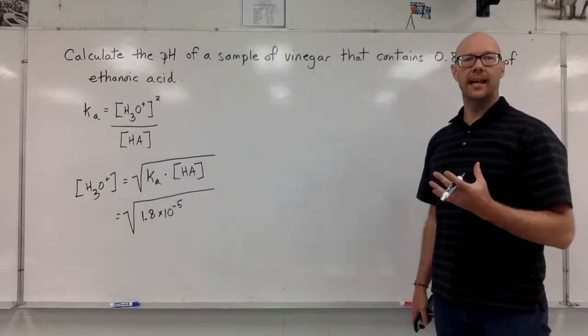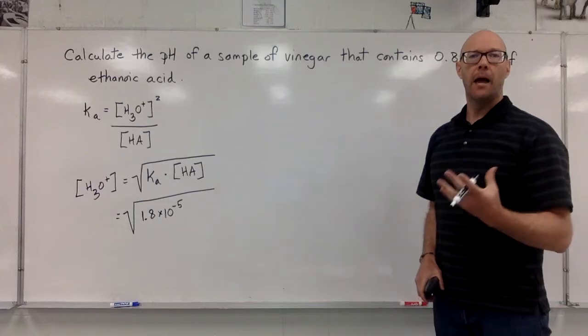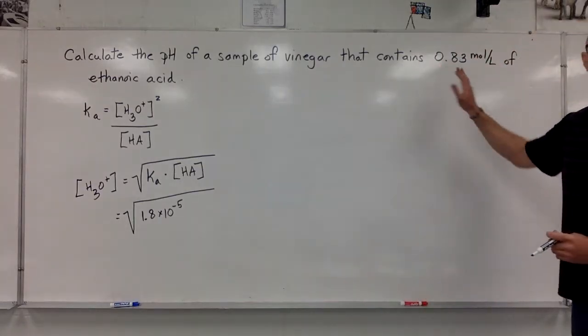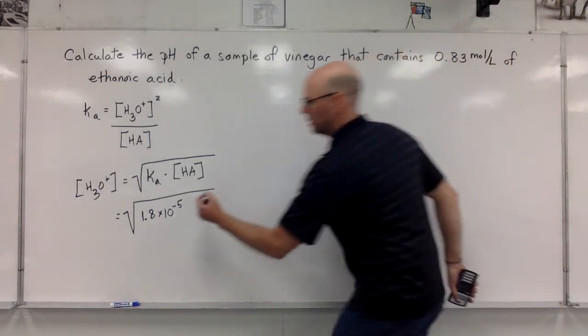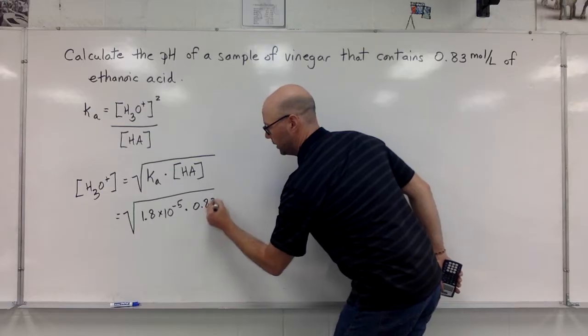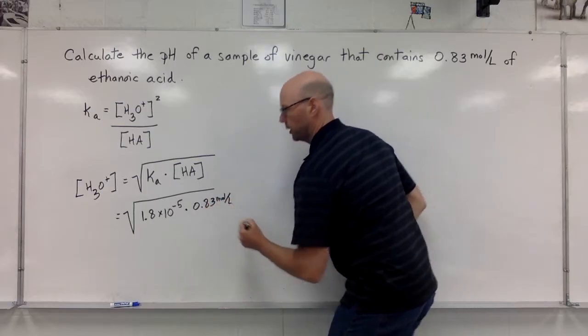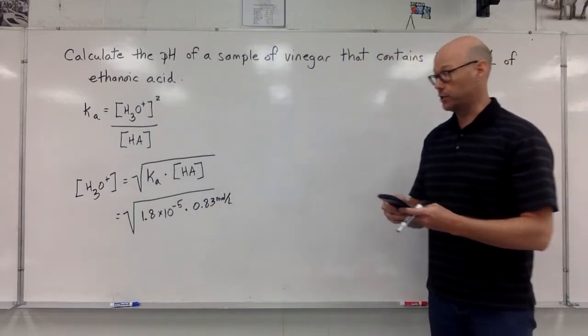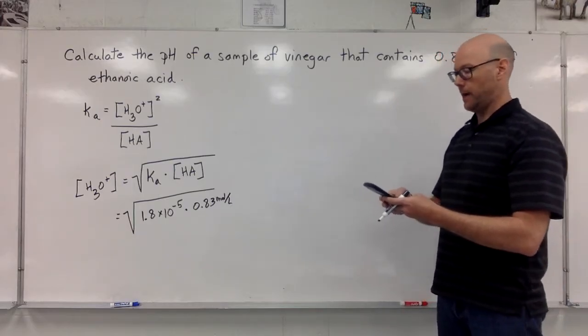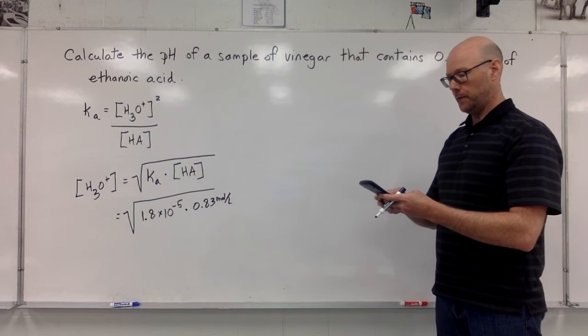We're going to take that Ka, the acid equilibrium constant, and multiply it by HA, which is given to us here in the question, 0.83 moles per liter. We're going to do that operation: 1.8 times 10 to the power of negative 5 multiplied by 0.83.